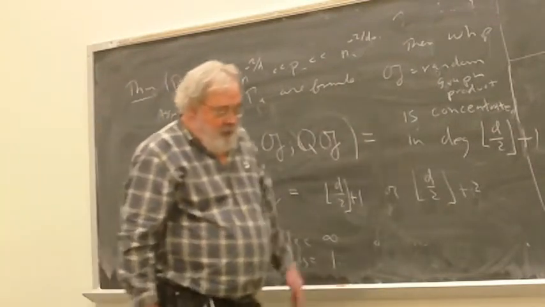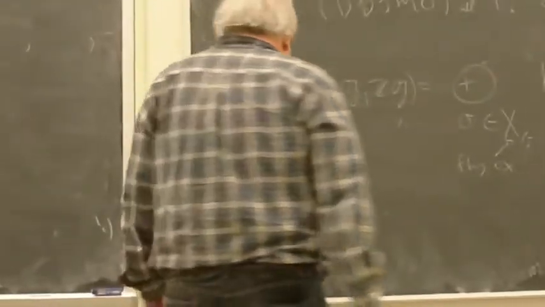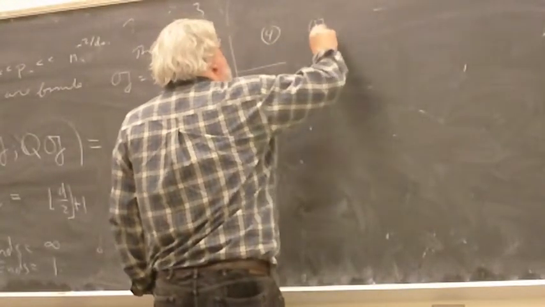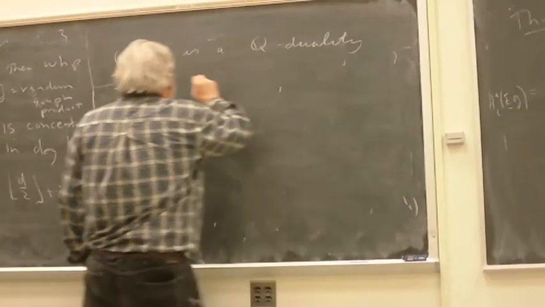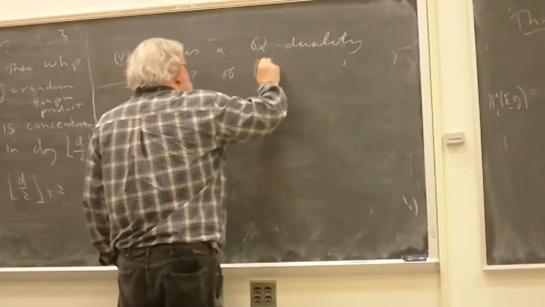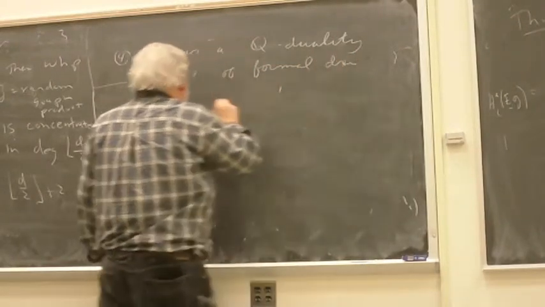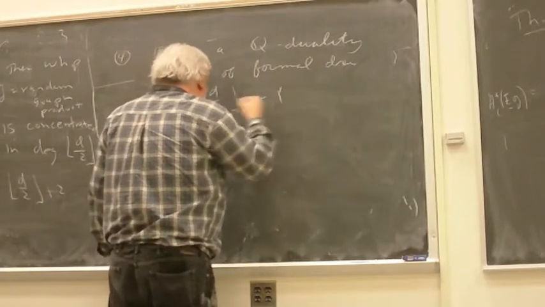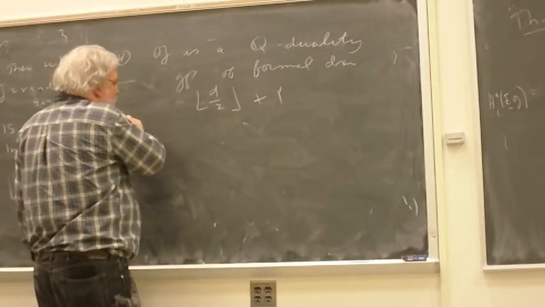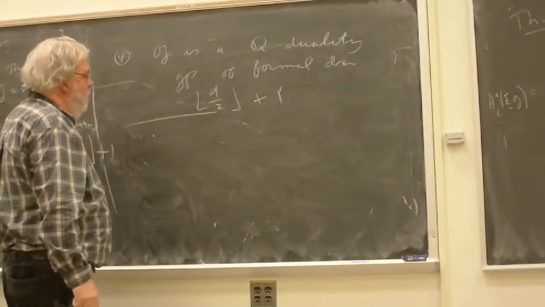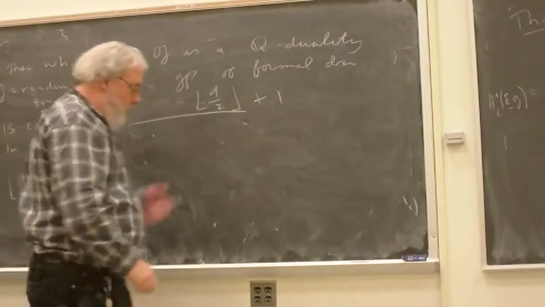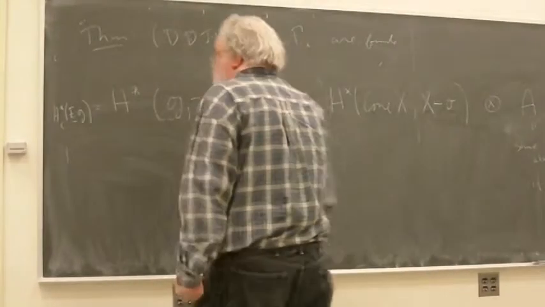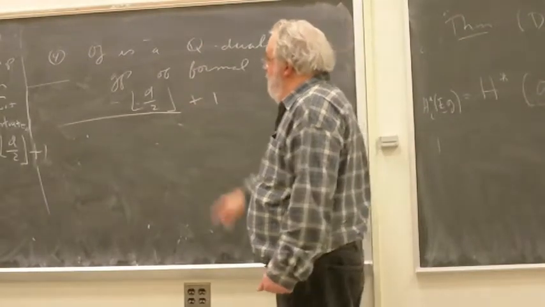And motivated by that, Farrell and Eckmann had other examples, but they said, so their definition, is that G is a rational duality group of formal dimension d over 2 plus 1. What that means is that all the cohomology is concentrated in 1 dimension. If you set it over the integers, it would mean it's all torsion free and concentrated in 1 dimension.